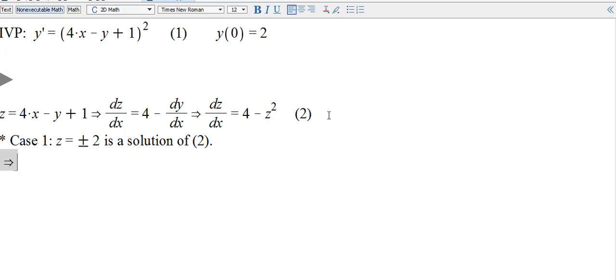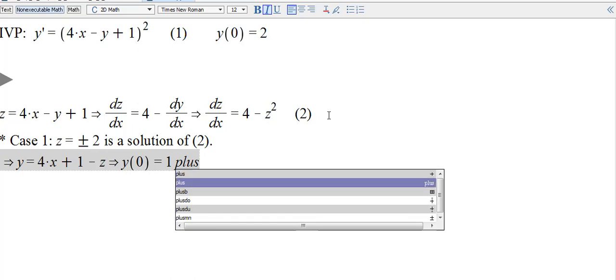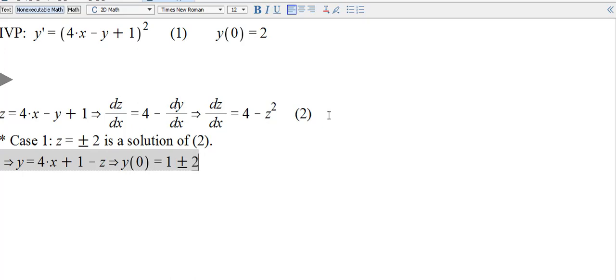However, when you plug in, you get y is 4x plus 1 minus z. And you get y(0) is 1 plus or minus 2.